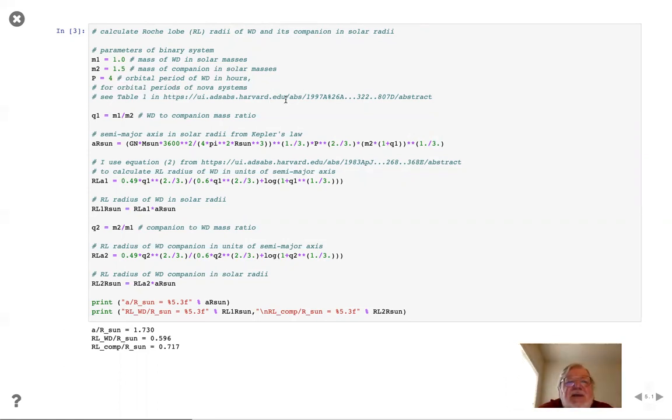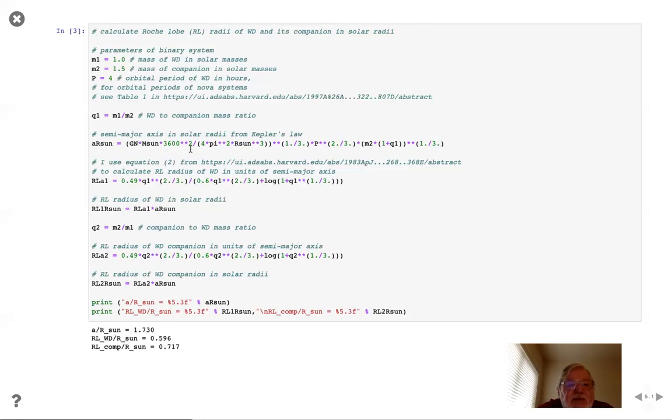And there is here a link, a reference to a paper which provides a table of orbital periods for nova systems. Then I do some calculations, the mass ratio of the white dwarf to its companion, and I use some equations with provided references, unless it is a well-known law like Kepler's law, and I calculate the Roche lobe radius of the white dwarf and its companion.